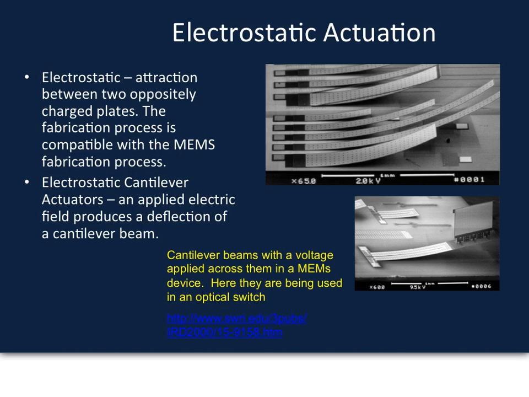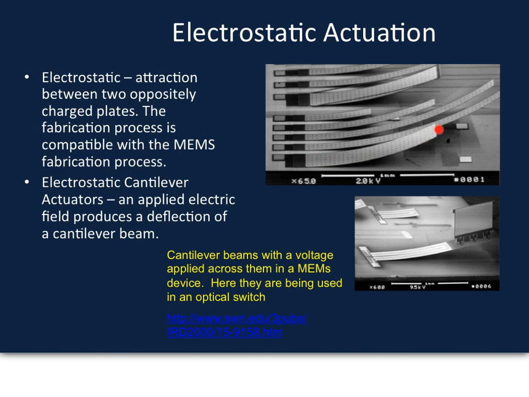One of these types of actuation is electrostatic actuation, and this is based on the attraction between two oppositely charged plates. Here's an example of that, where when there's no potential difference between the end of this device and some plate on the bottom here, then you have it sticking up like this.